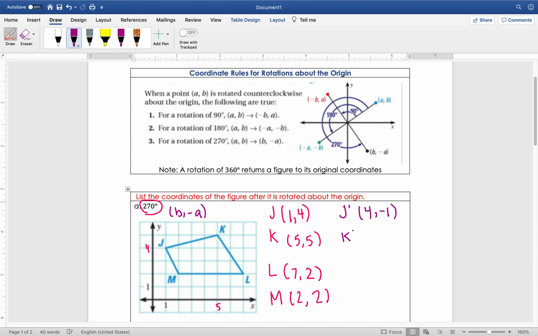For K prime, if I switched X and Y here, it would still be 5 and 5, but now it would be (5, -5). For L prime, I would have (2, -7). And then same thing for M. M is very similar to (5, 5). Again, guys, I've been struggling with my voice for like a week. (2, -2). So that's how you would apply those rules.